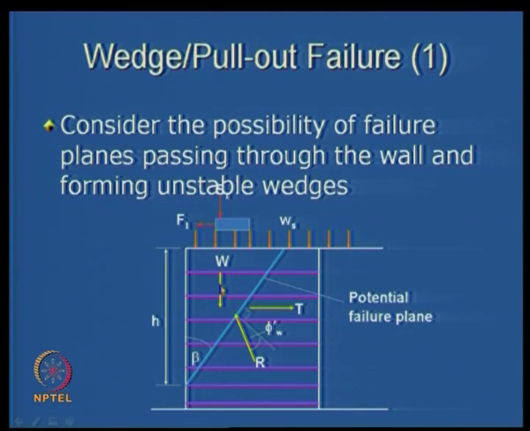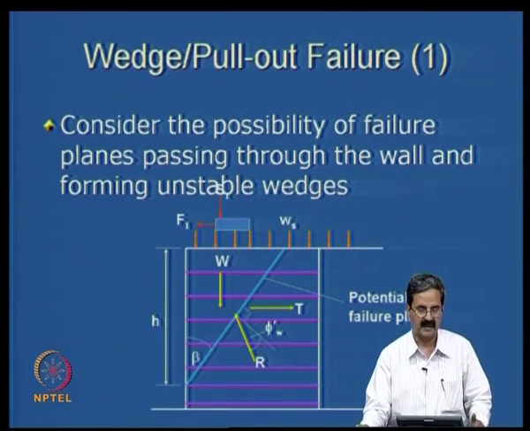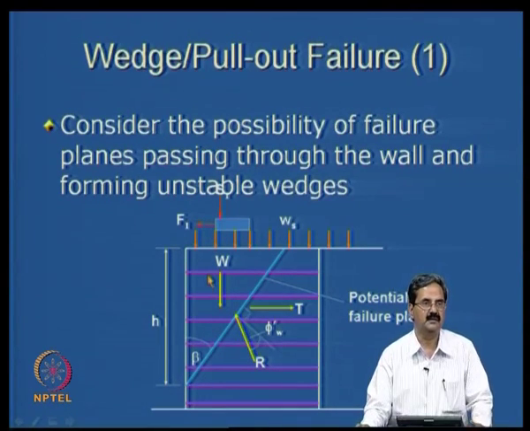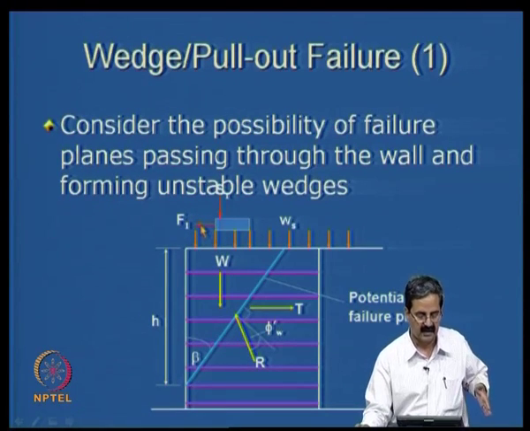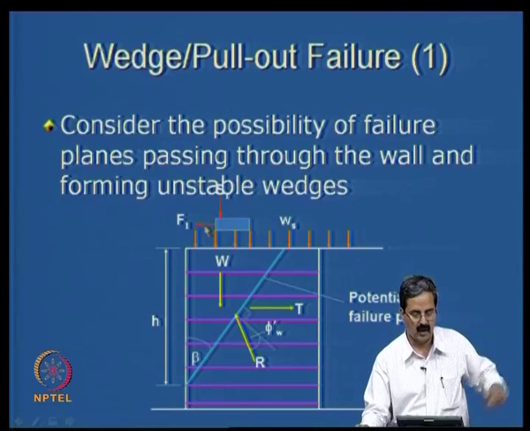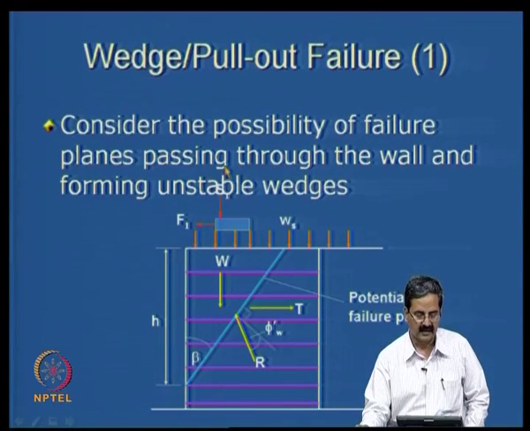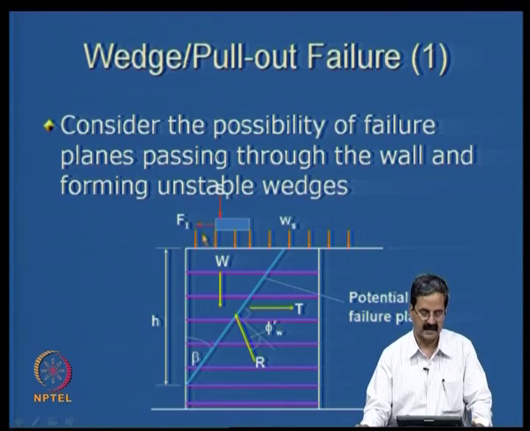One can get that from the force polygon, from the basics of engineering graphics. Imagine there is a horizontal force acting, and a vehicle goes over it, so there is a vertical load acting. It is like a retaining wall and a flyover.